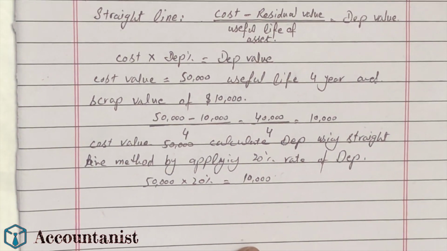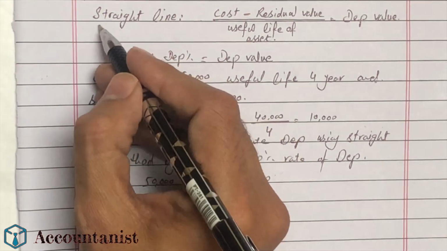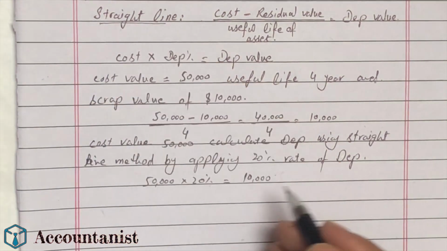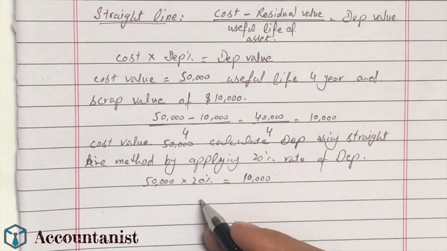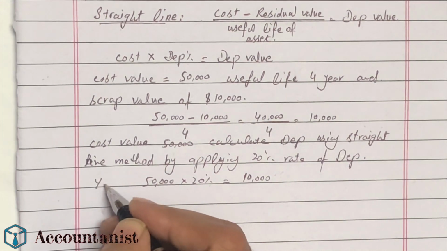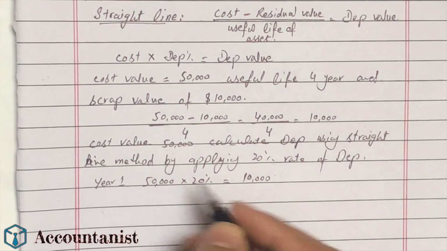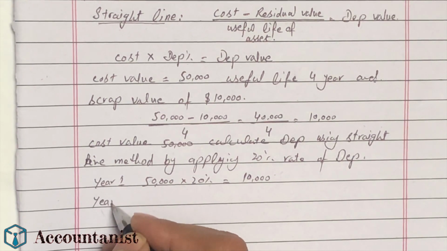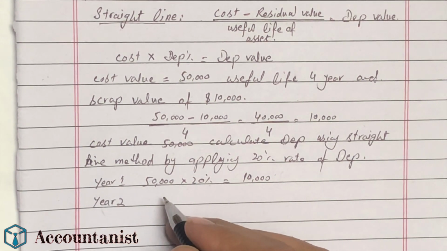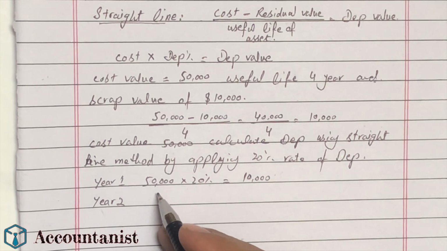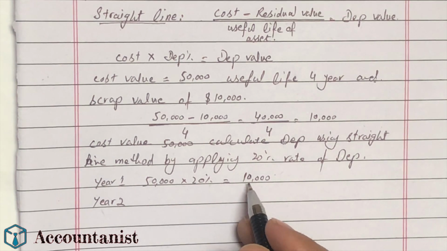The next thing that we need to know about the straight line method is that every year this depreciation will remain the same. If this one is for year 1, in year 2 we'll follow the same method, cost multiplied by the depreciation percentage.